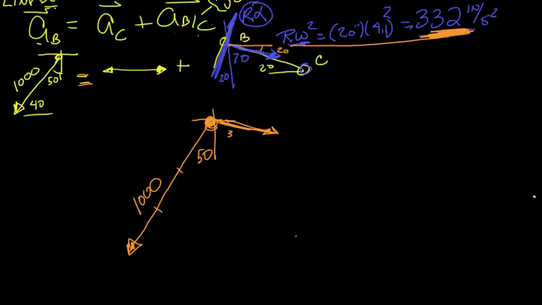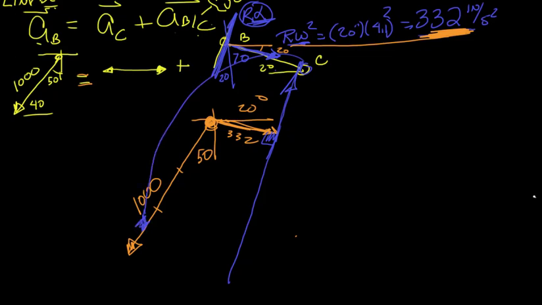So there's 332 at an angle of 20 degrees. And we don't know R alpha, but we do know that it will be perpendicular to that centripetal acceleration. So it needs to be in that direction. And I think you can see going in that direction is not going to help us. We need to end up down here.